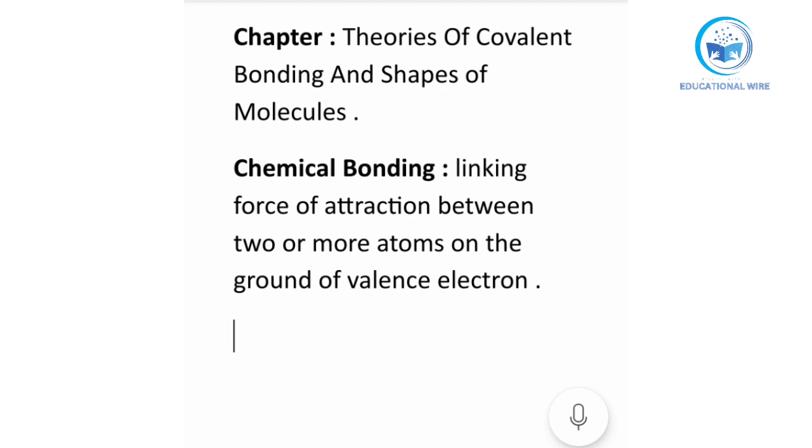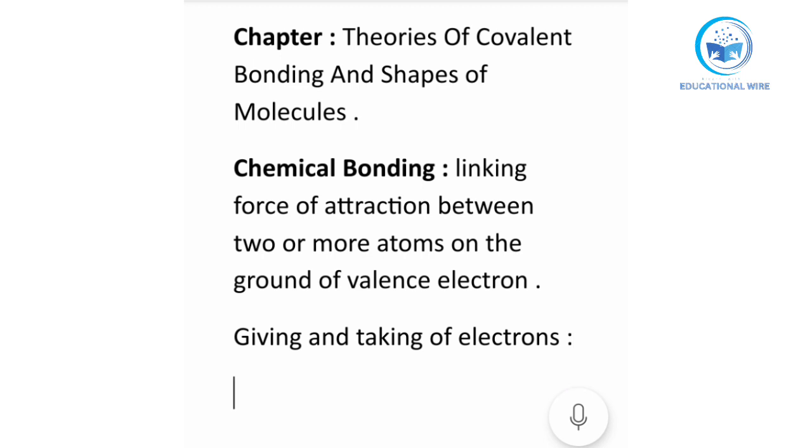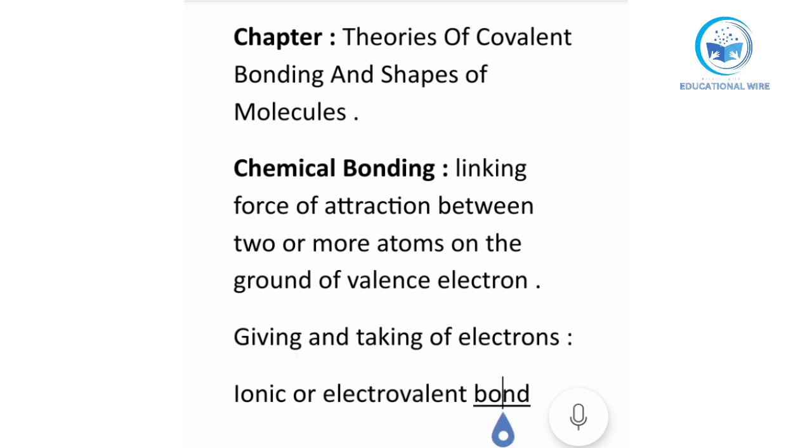Okay, so we are having giving and taking of electrons. This process is called ionic or electrovalent bond. Electro means electrons and valent means flow of electron from valence shell.